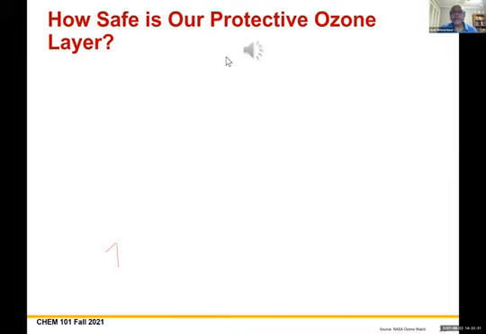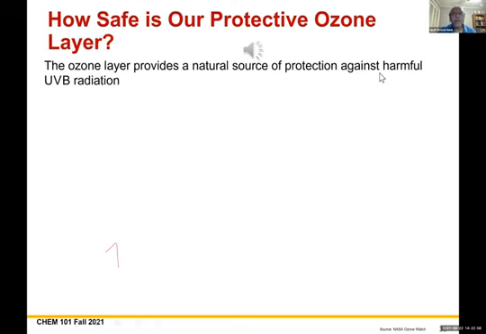Let's look at how safe our protective layer is. The ozone layer provides a natural source of protection against harmful UVB radiation, UVA and UVB radiation.